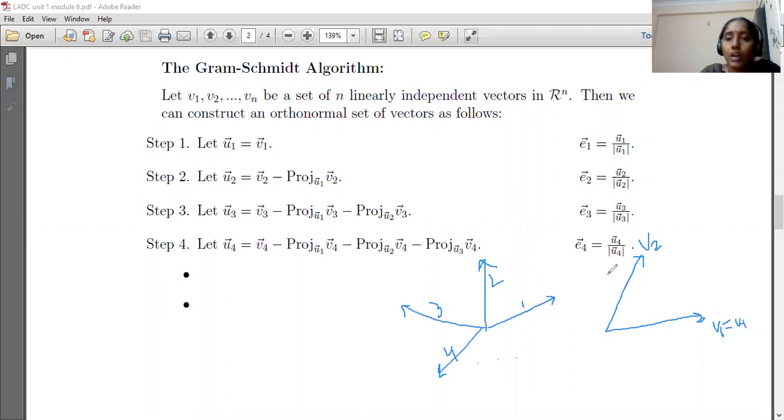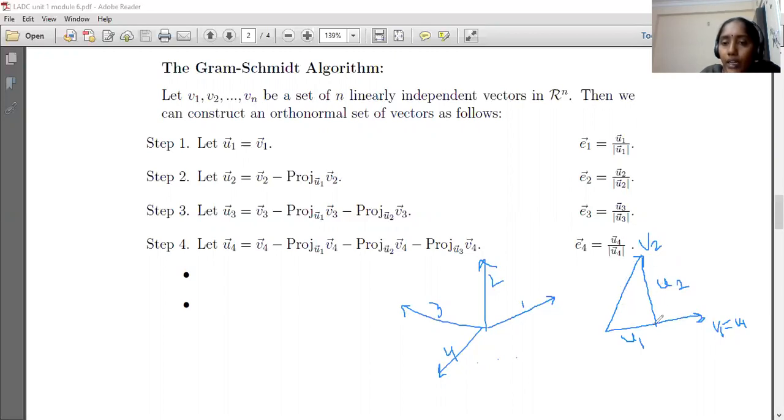Okay. So now I want to find a vector U2 which is perpendicular to U1. This is our U1. This is our vector V2. So how could we find this vector?